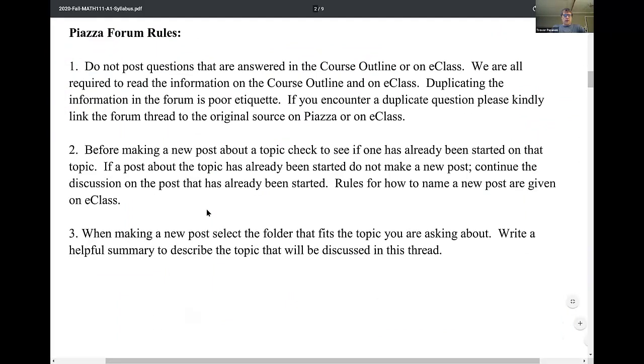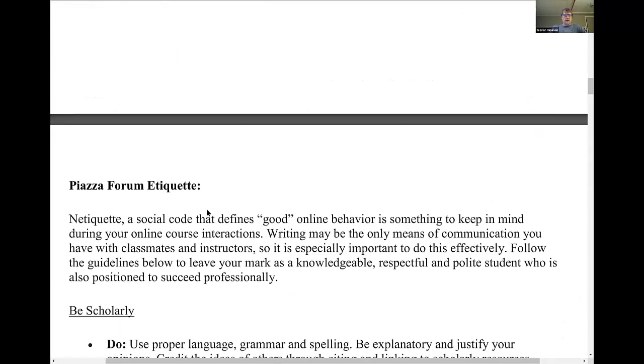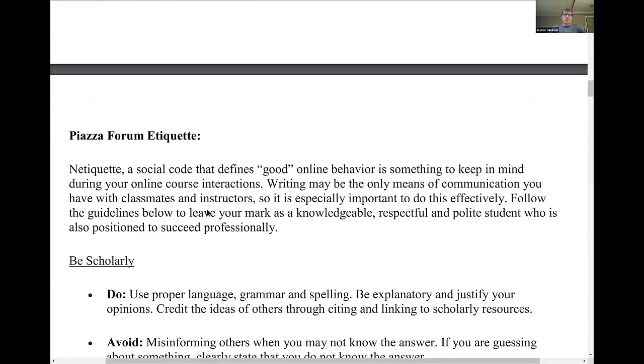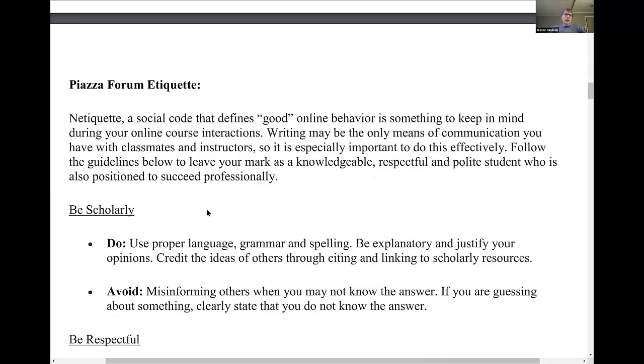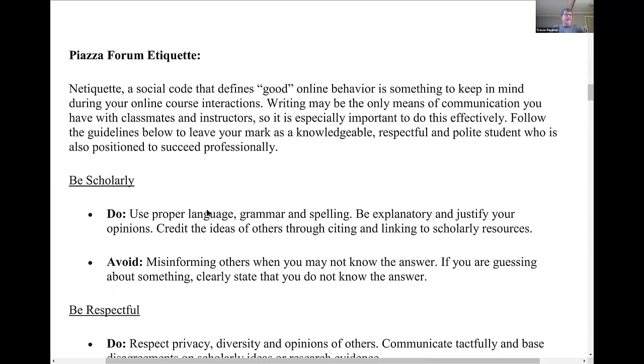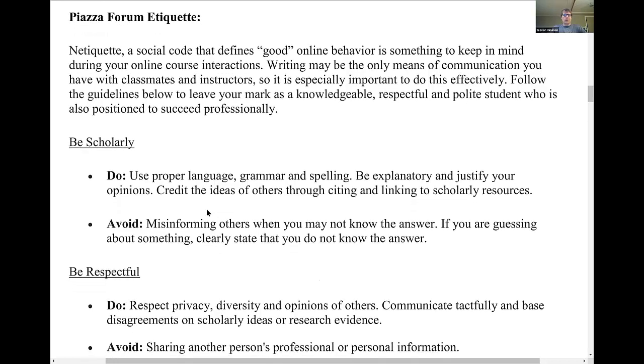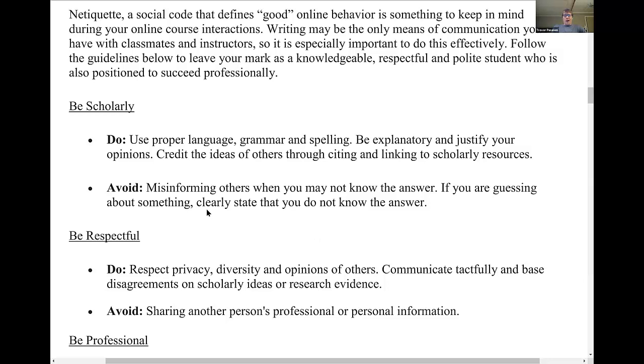Okay, so anything else to discuss? Yeah, just quickly, the Piazza etiquette and the things you should be thinking about when we're doing things online. Use proper language, proper grammar, spelling. Try to recognize that you're writing for the whole class.